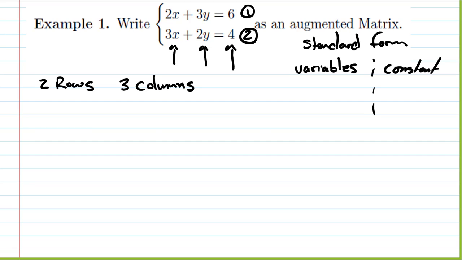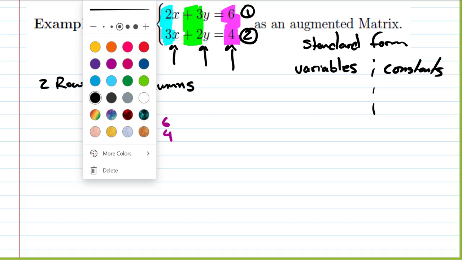In this example, it's already set up this way. So our columns are going to consist of the coefficients of each of the equations: 2 and 3. Our next column is going to be the coefficients of our y variables, 3, 2. And then our last column is going to be our constants, 6 and 4.